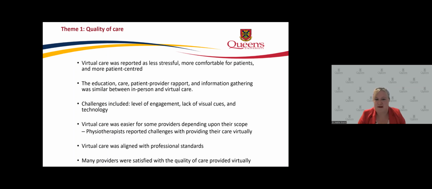So for example, physiotherapists in our study reported challenges with providing their care virtually. And generally, the virtual care was deemed to align quite well with professional standards across the colleges and governing bodies. And most of the providers were quite satisfied actually with the quality of care that they were providing virtually.